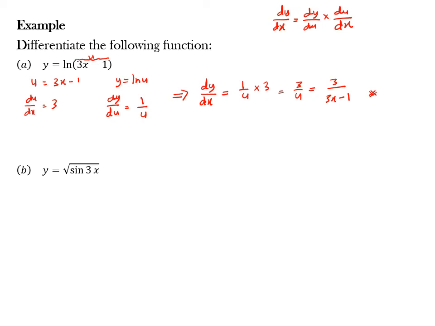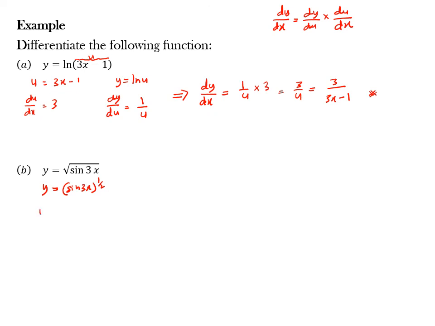So how about the next one? For this one, the inside function is sine 3x. First, let us change it to power form, because there's no formula for us to use to differentiate a square root. So the square root is equal to power 1 over 2.